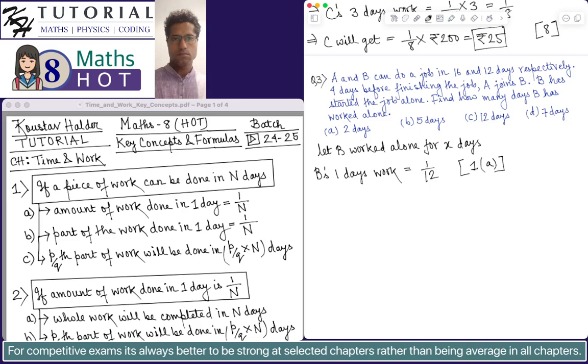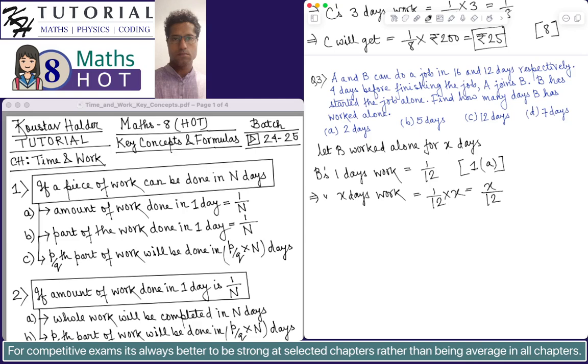Okay. Now this implies B's X days work, that is the amount of work done by B alone in the first X days, will be equal to 1 by 12 multiplied by X. This is equal to X by 12. Now this is based on the simple unitary method.